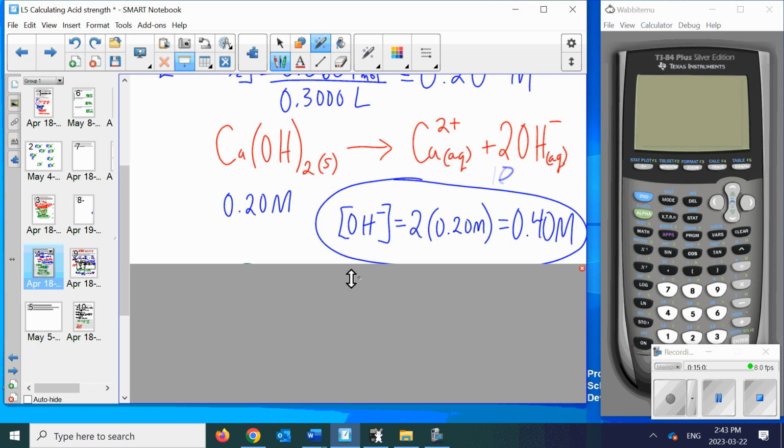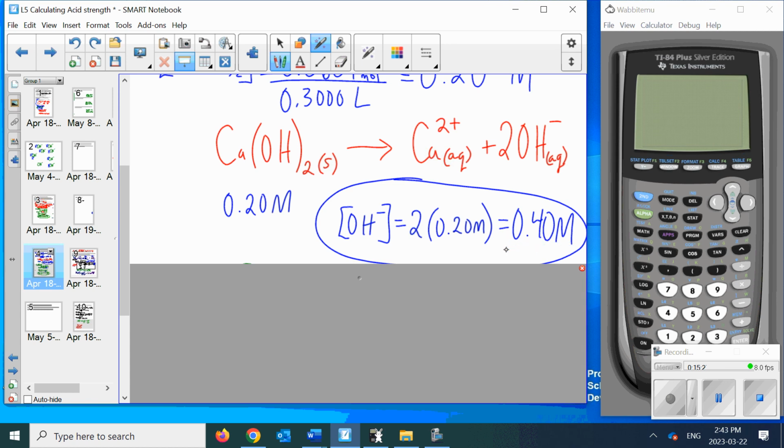So, we start with, as we figured out, 0.20 moles in a liter of water for calcium hydroxide. And it breaks up. Twice as much, so we multiply the hydroxide. That's 0.40, 4/10 of a mole per liter. I'm going pretty fast, so you might pause the video.